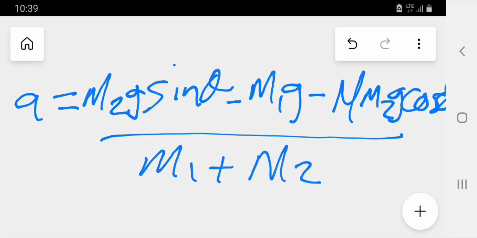So here, this is our final part for us to find acceleration. We know that we are given values for all these identified parts, so we're going to substitute those values now.